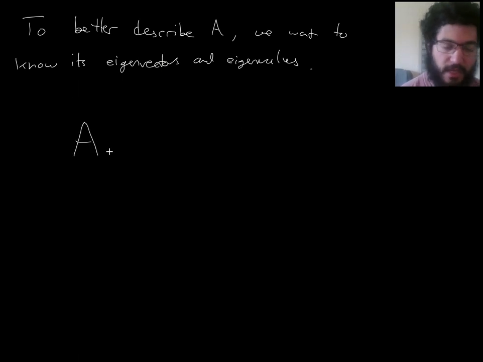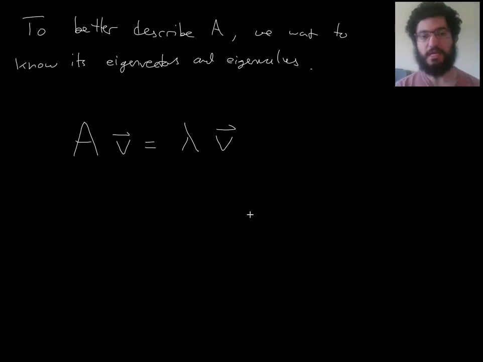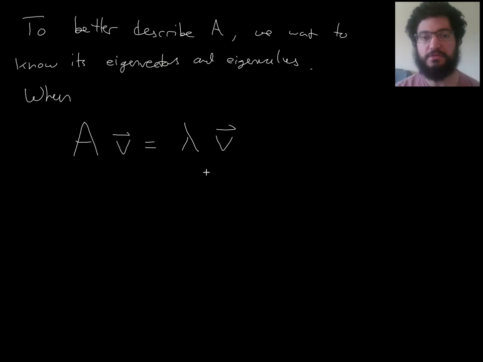So if A applied to a certain vector, let's call it v, ends up just being a scalar multiple of that vector, like a scalar lambda times v, then that's the eigenvector eigenvalue situation. So when this happens, then we call v an eigenvector for A, and lambda the eigenvalue associated to v.